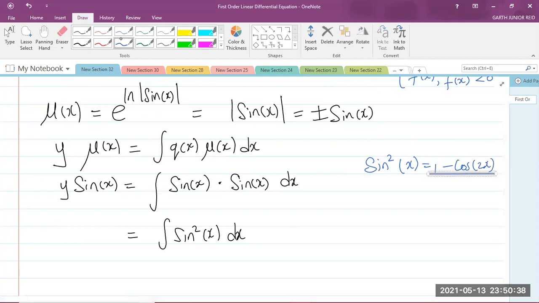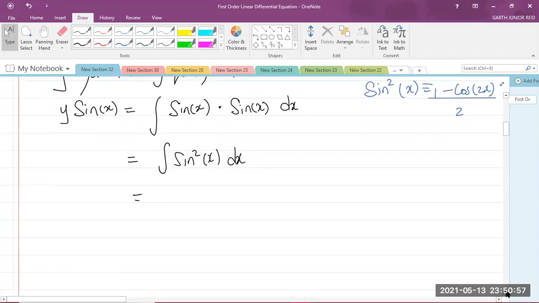That is an identity that we'll be using here. So this is now equal to the integral of sine squared x, so we're substituting sine squared as 1 minus the cosine of 2x over 2.